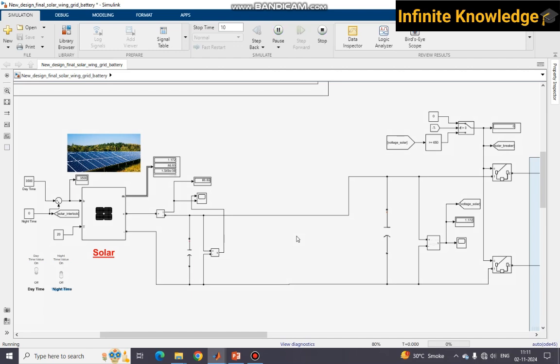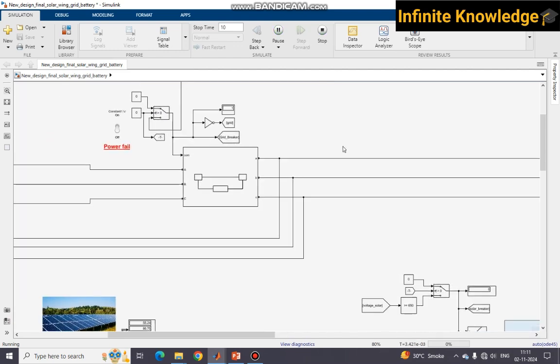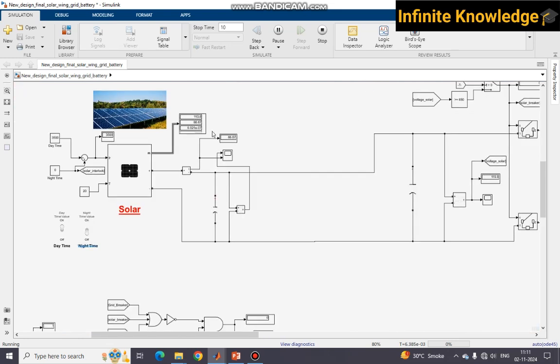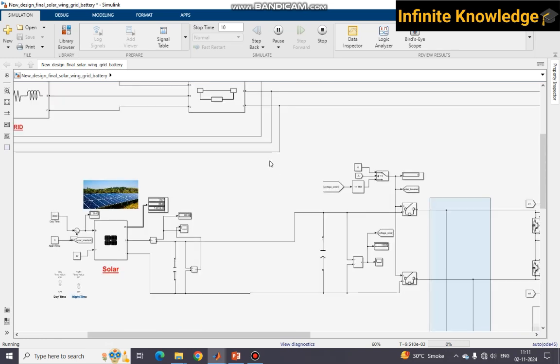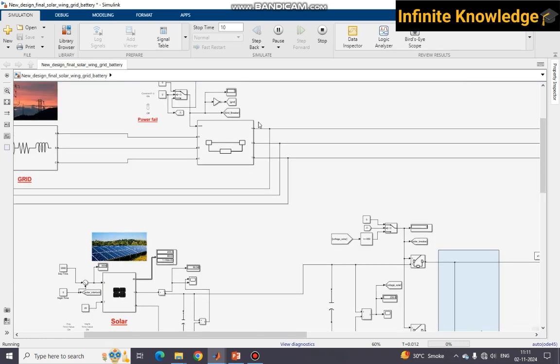Okay, I start the simulation. Initially the grid breaker is on because there is no solar and no wind. Solar takes some time to come into the picture. You can see this breaker is on and this breaker is off. Initially the power is fed by the grid. But after some time, when solar comes into the picture, this breaker is on and all the power is transferred from grid to solar automatically.